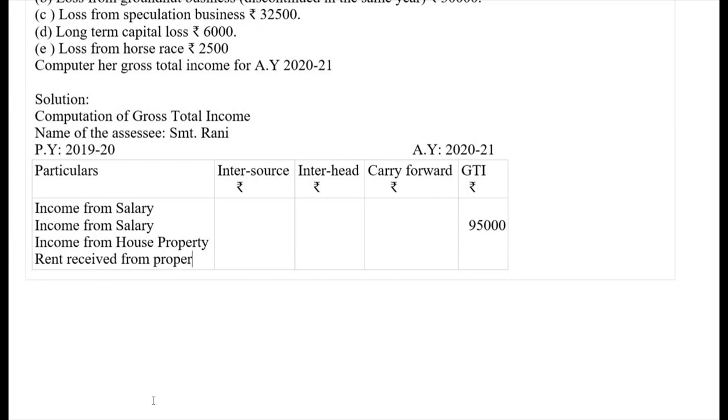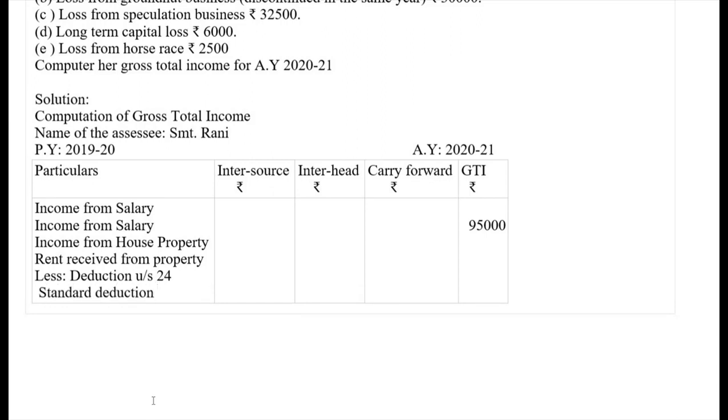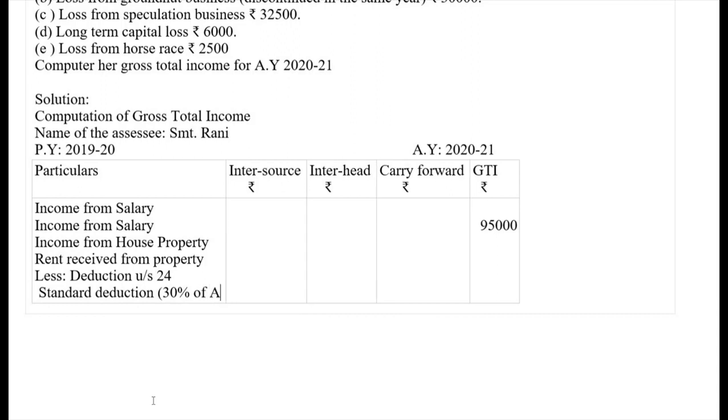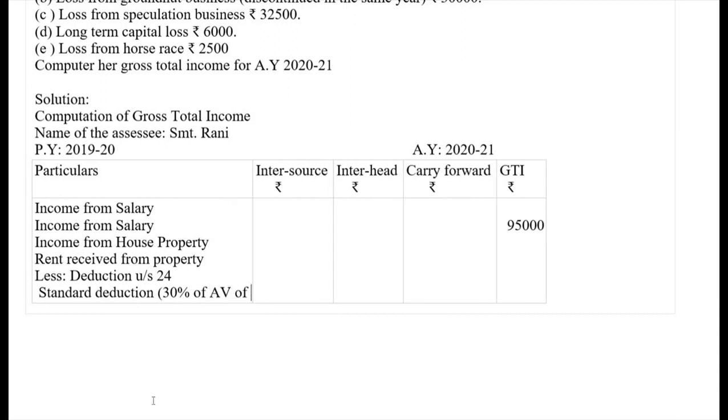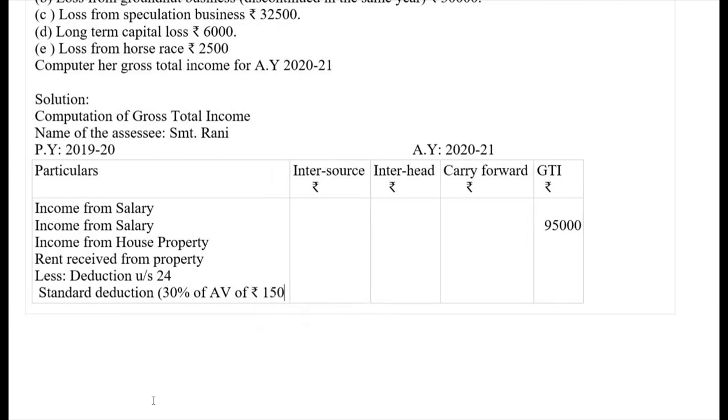Rent received from property less deduction under section 24, that is standard deduction, which is taken as 30% of annual value of rupees 15,000.